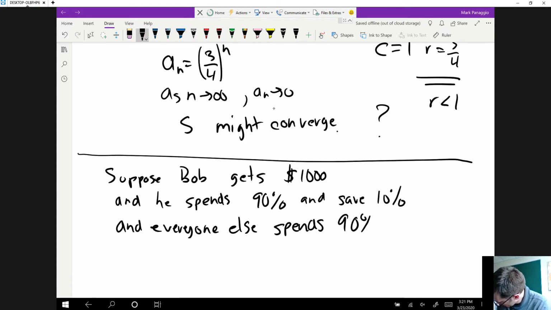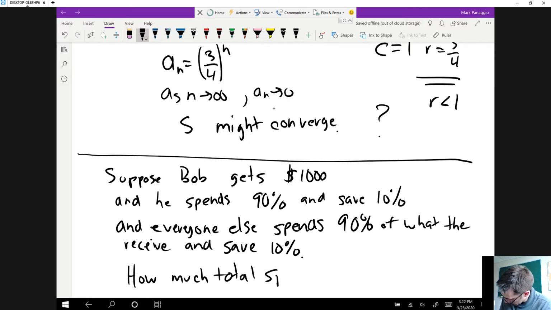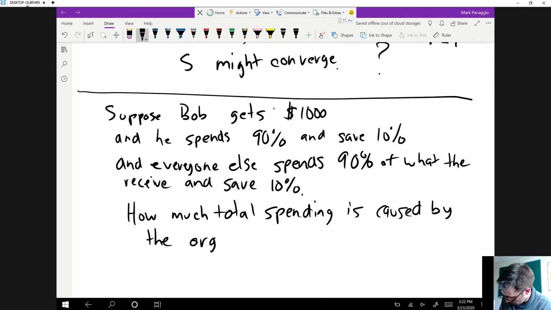So everyone's going to spend 90% of what they receive and save 10%. The question is, how much total spending is caused by the original $1,000.